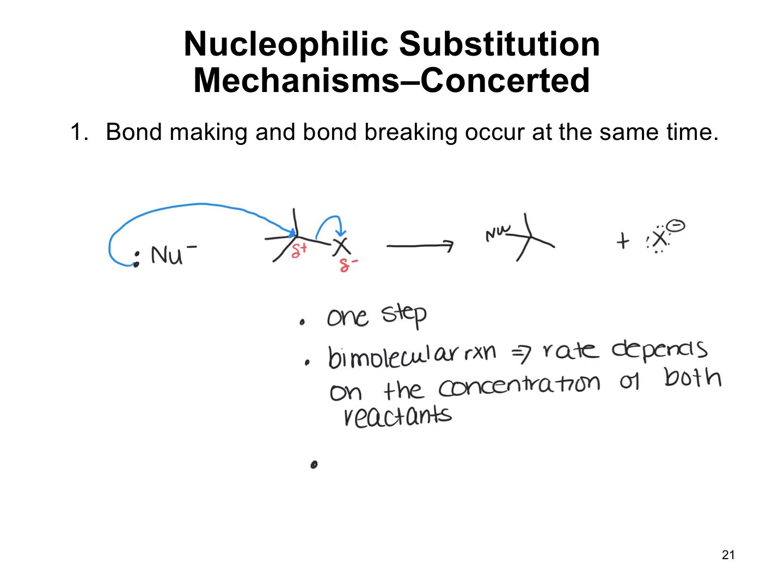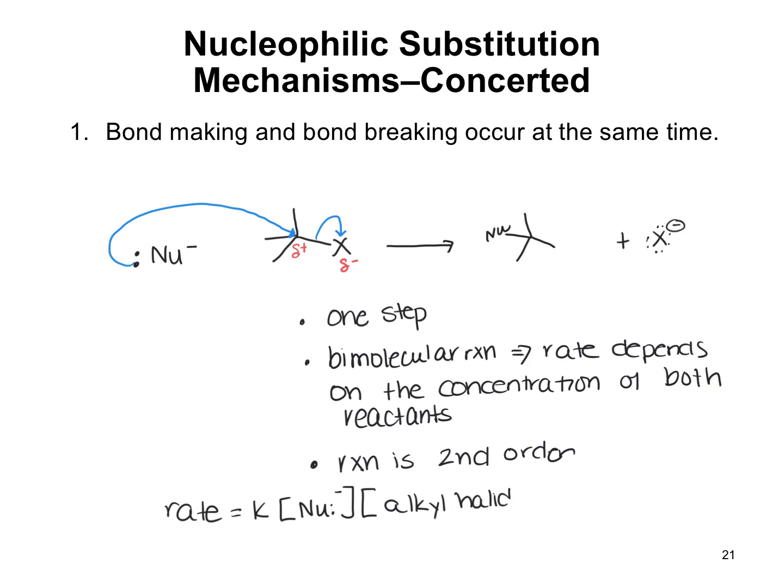So what this means then is that this reaction is second order, right? Because ideally, or what we see is, the rate equals the rate constant times the concentration of the nucleophile times the concentration of the alkyl halide. Okay, so this will be a second order reaction.